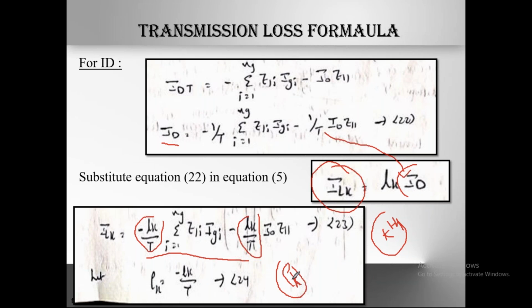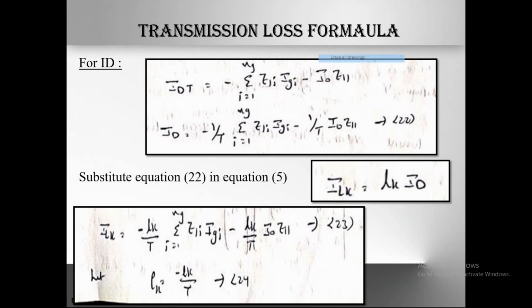So based on that plant capacity, we can decide this value, that is rho K. For reference, this is equation 34.